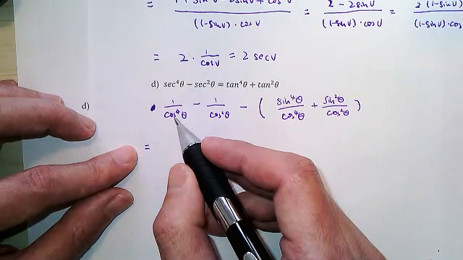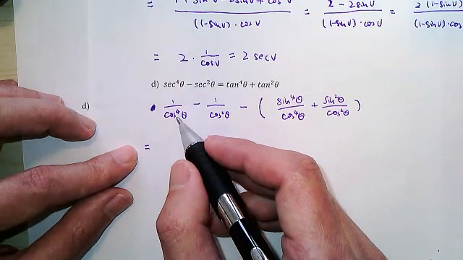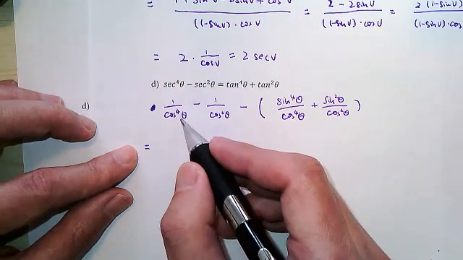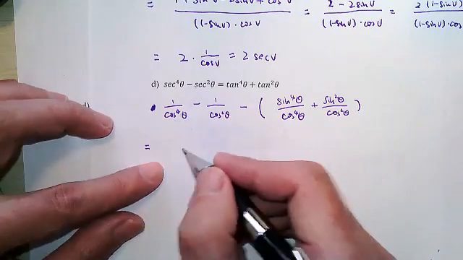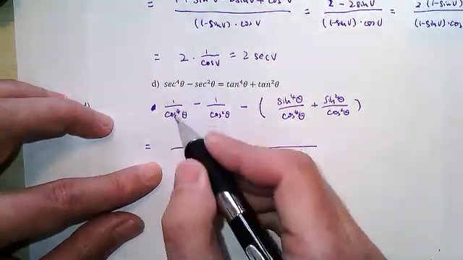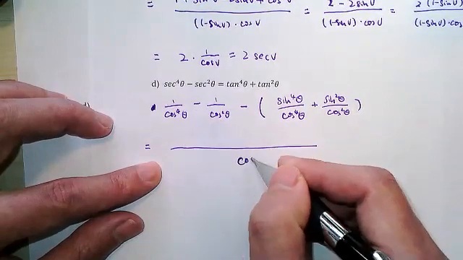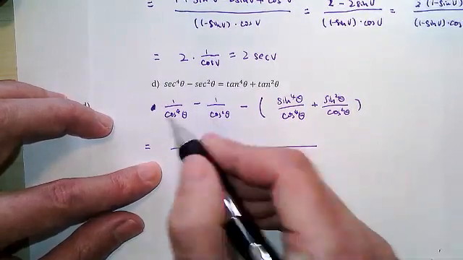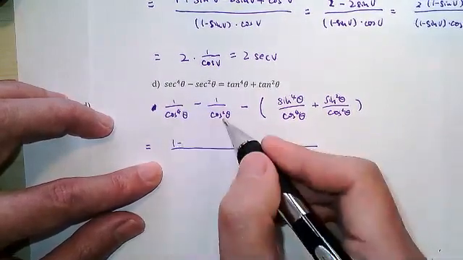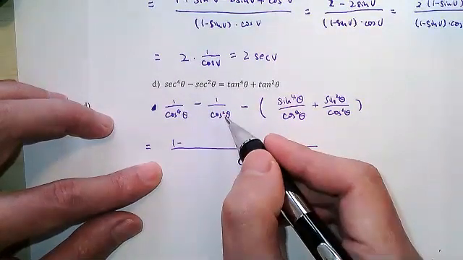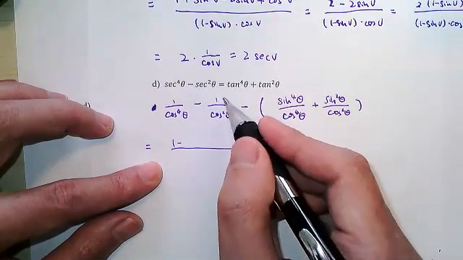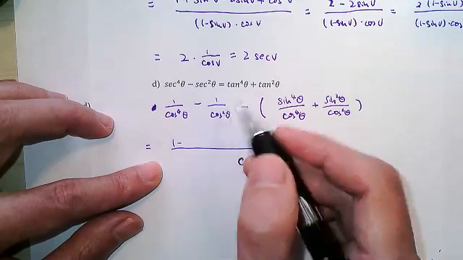Notice that everyone needs to be cosine to the 4th so that they share the same denominator, okay? This guy is already in the cosine 4th. 1 is still here. This guy is cosine squared, so you need to multiply cosine squared to the numerator and denominator.